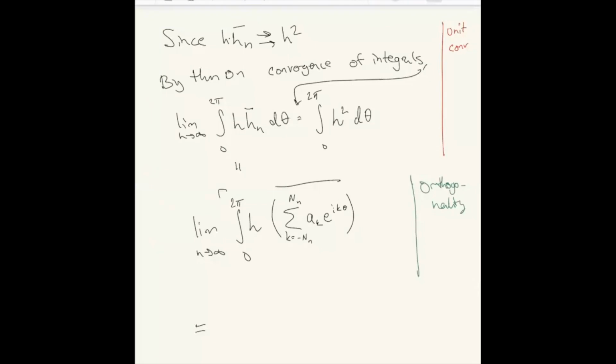On the inside, we have an integral from 0 to 2π of h times this trigonometric polynomial. Well, let's see what we get. The limit stays on the outside. Don't do anything to the integral. Also, the integral should be h in dθ. But this is now a finite product, so we can take the integral inside the sum. Let's use linearity, sum over k equals minus little n to little n.